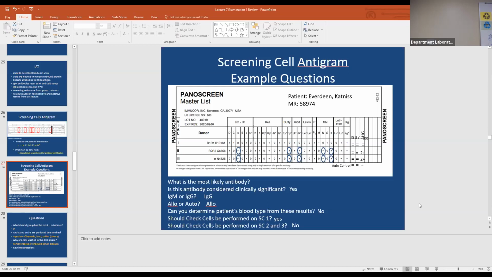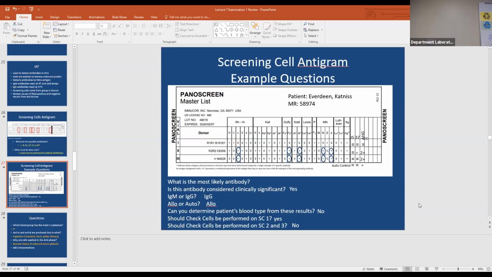So if it's an autoantibody, it would probably be positive at initial spin, 37, and AHG. But if it's a cold reacting autoantibody, you would see it reacting at initial spin. It's possible for cold reacting autoantibodies to go away after warming at 37 degrees. And then it's possible to see warm antibodies react at initial spin, 37, and AHG.